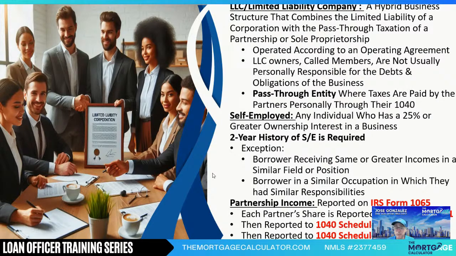Because one of the mistakes that we find MLOs make when they're calculating self-employed borrower income is that they may not ask for the business tax returns or the partnership tax returns. They're simply going to use the personal tax returns.